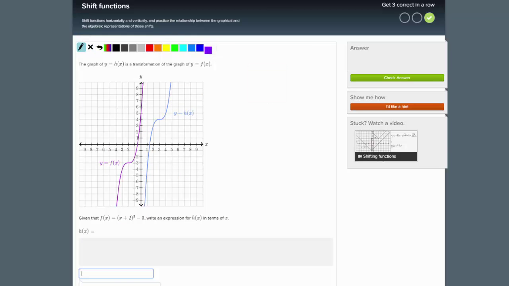So this point started here. I went right 3, up 4. Inside the grouping is my right and left, but remember it's reversed. So it's going to be x minus 3 cubed.